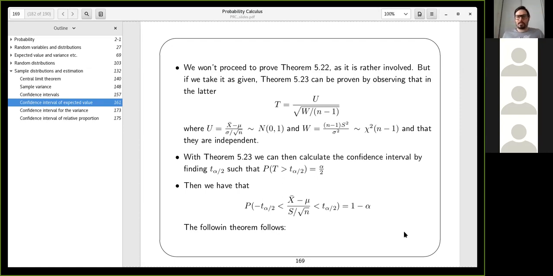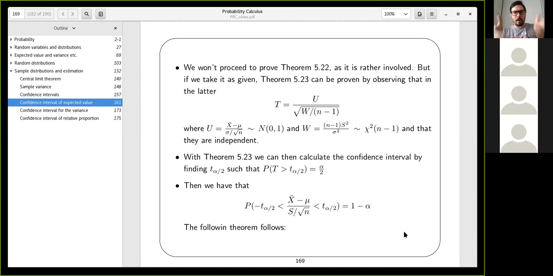For instance, initially we assumed everything is normally distributed and the variance is known, and then we were able to come up with a nice formula for the confidence interval. But then we have to relinquish the assumption that the variance is known. We have to throw that away because we don't know the variance. We know the sample variance, but not the actual variance. And that makes the confidence interval bigger.